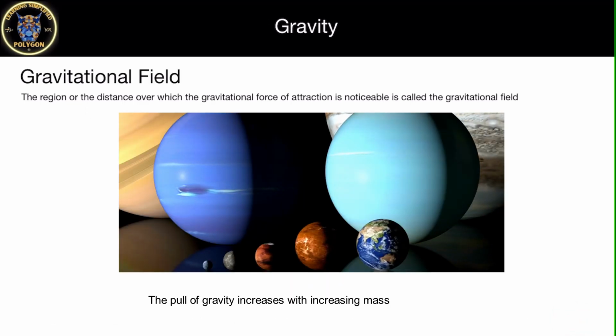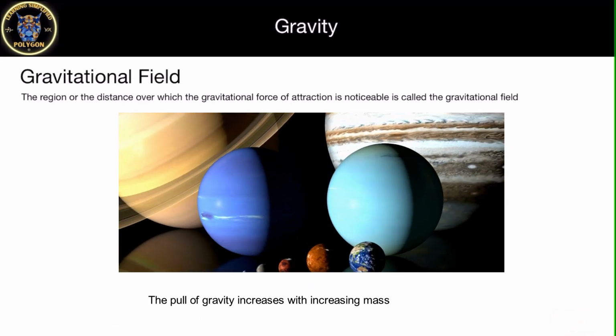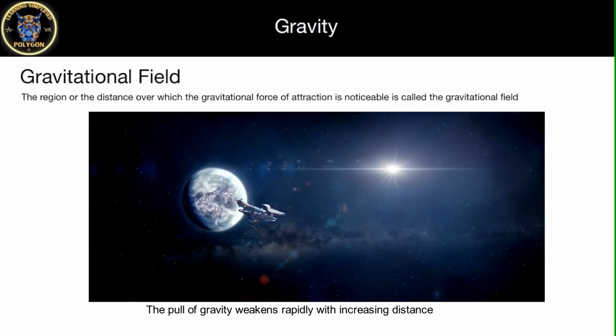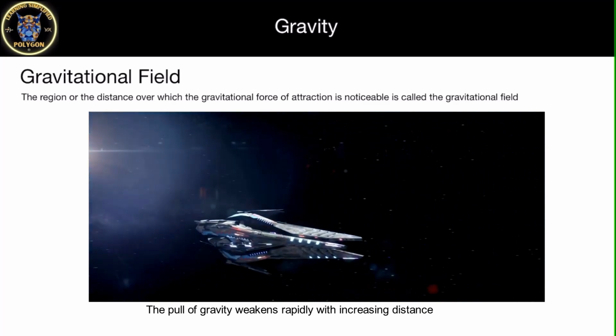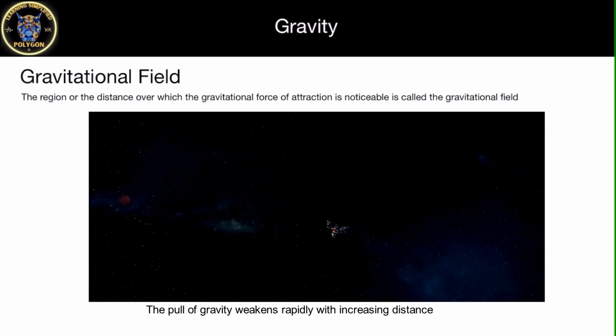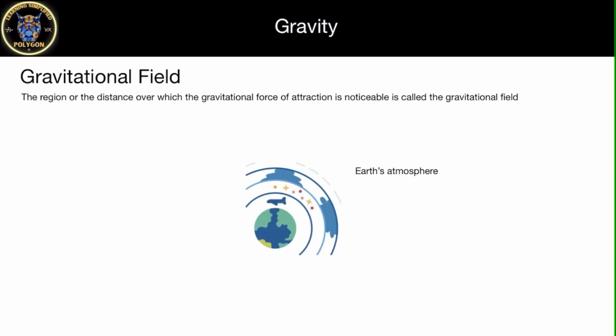While gravitational pull increases with increasing mass, increasing distance has an opposite effect on gravity. As the distance between the objects increases, the gravitational attraction between them decreases. After a certain distance, gravitational pull is no longer noticeable. This applies to all objects, including Earth.